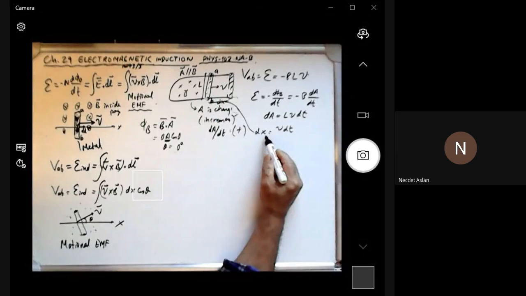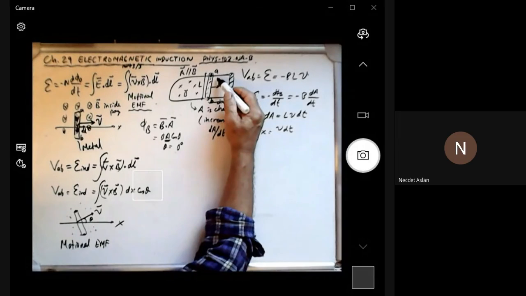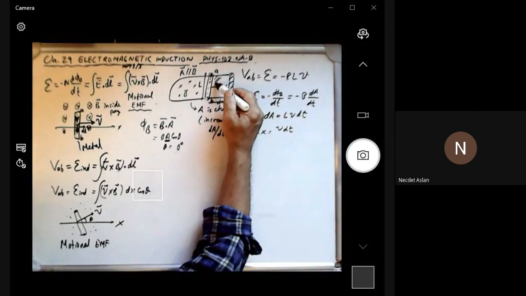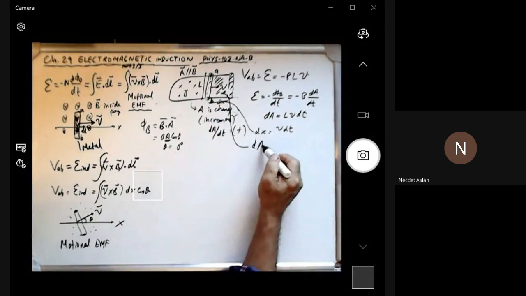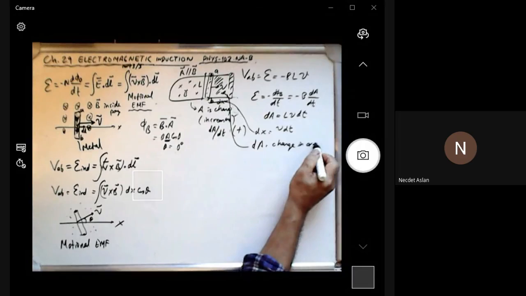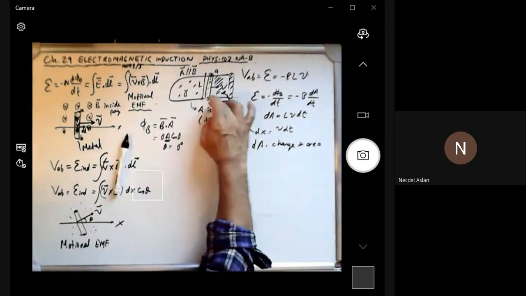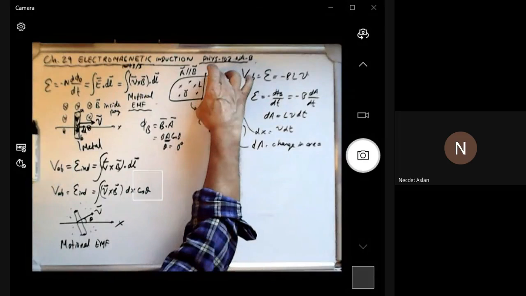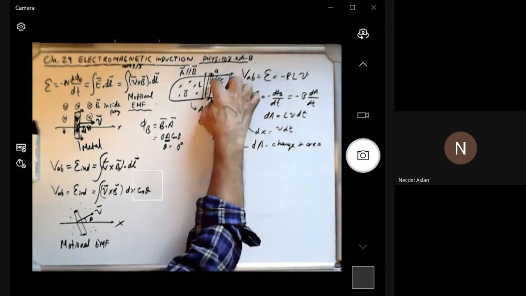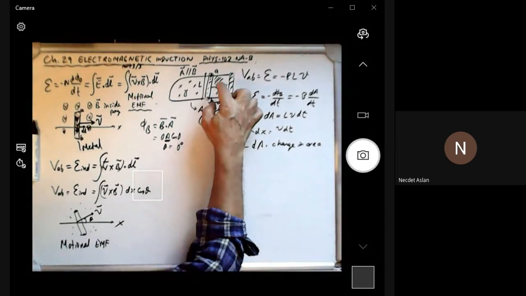But what about the change in the area? This is the change in the area, this part. So this dA, which is the change in area, how can we calculate this? Of course, if the rod is here, you get the total area, and then you subtract from this area the small area, the beginning area that you start out with before motion.